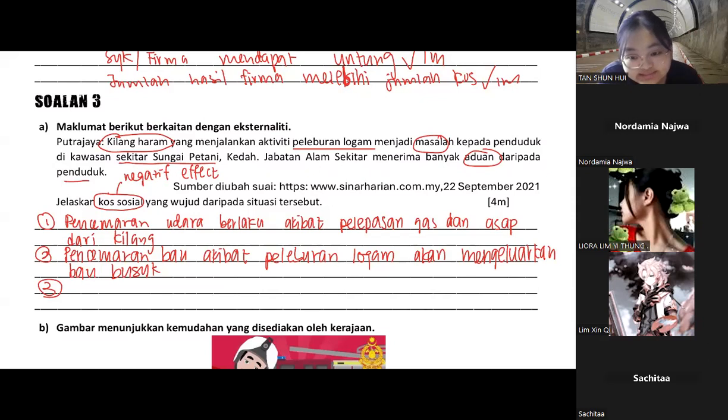Second, ecosystem. A very geography answer. Okay, so you're going to say, oh, when they do this, if every day you as the penduduk are exposed to this pencemaran udara, pencemaran busuk, it will make you sick. So you can say risiko penyakit meningkat.